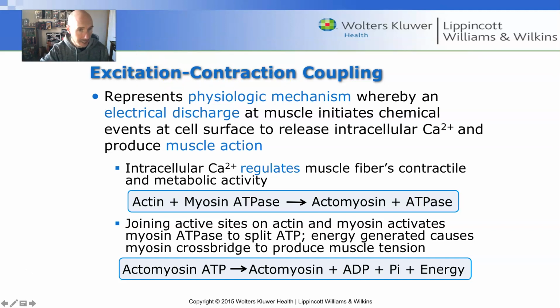So the excitation phase is going to culminate in the release of calcium into the muscle fiber. That calcium then allows for the contractile process to occur, because calcium, as I mentioned earlier, ultimately allows actin and myosin to bind, and that will promote the movement that occurs within each of our individual muscles.